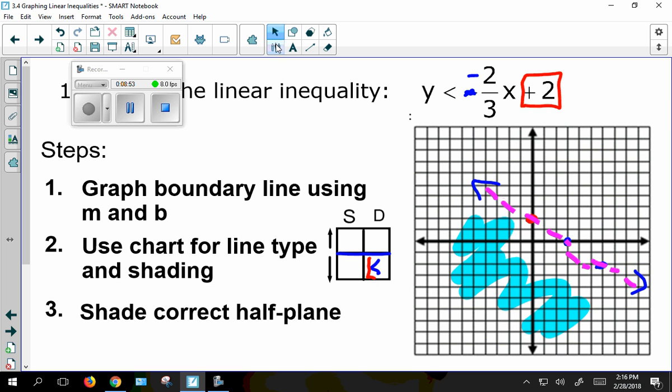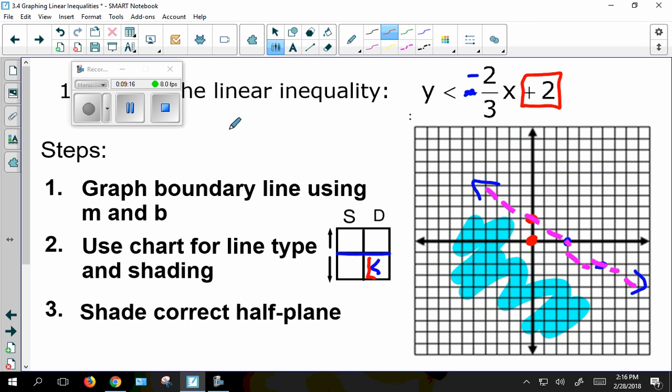Okay, now, what does this mean as far as the answer? Well, let's look. Let's pick a point right here. Let's pick 0, 0. Is 0, 0 above the line or below the line? So that should be a solution, right? Yeah, that's in the shaded region.